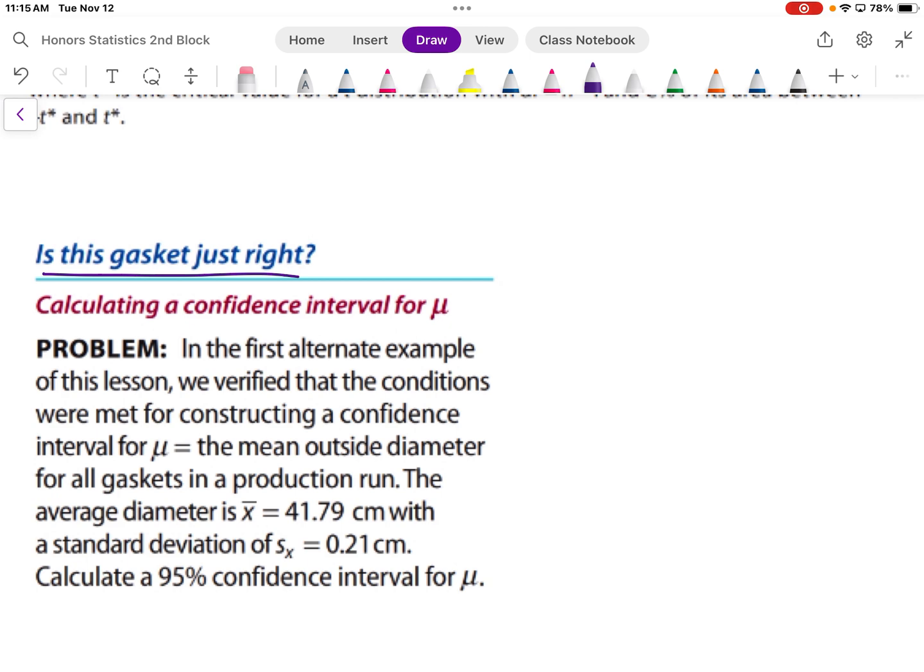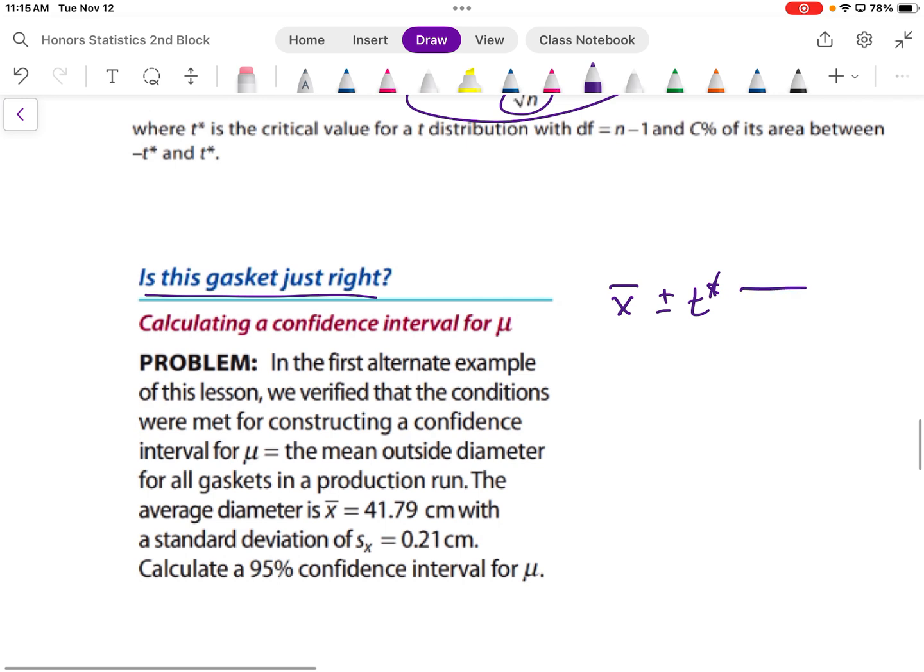We had a random sample of 10. It said it was normally distributed, so we met that condition for large count. With that in mind, I want to construct a confidence interval, and I know the formula is x bar plus or minus T star times the sample deviation divided by the square root of n.